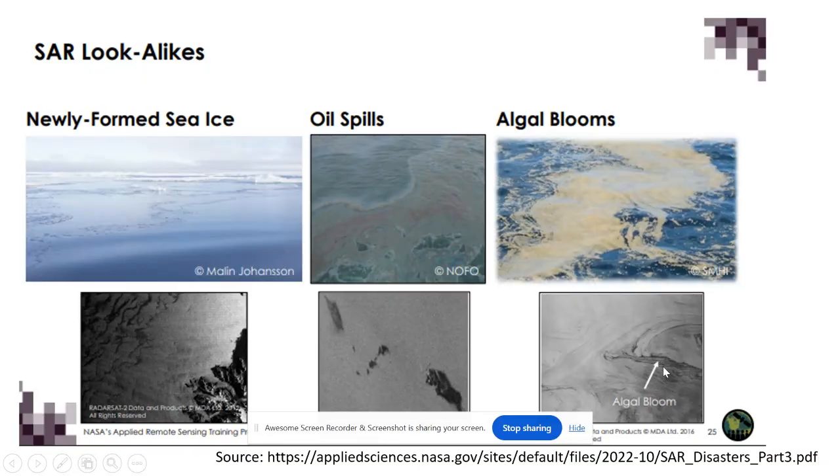Because of this, there are limitations of this data set. Yeah, there is also an advantage: we can use this data set night and day, and it can see through the cloud or fog, something like that.